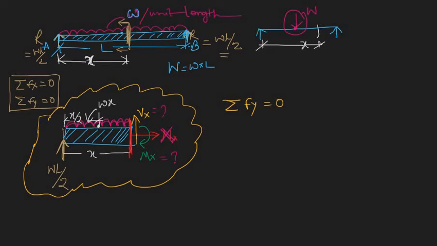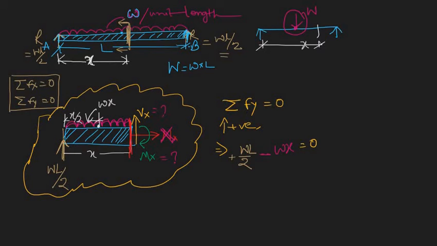If we consider upward as positive, we can write wL by 2 positive, and we have a downward UDL, that is negative, and it is wx. This equals 0.